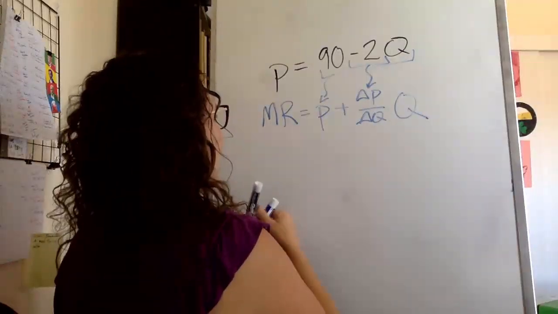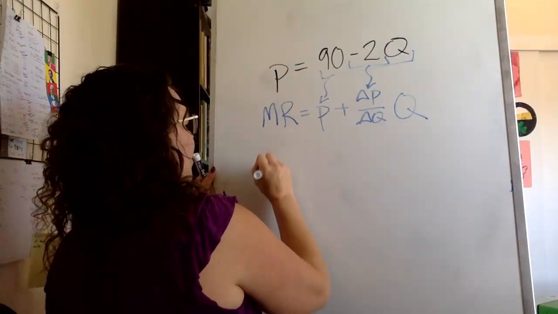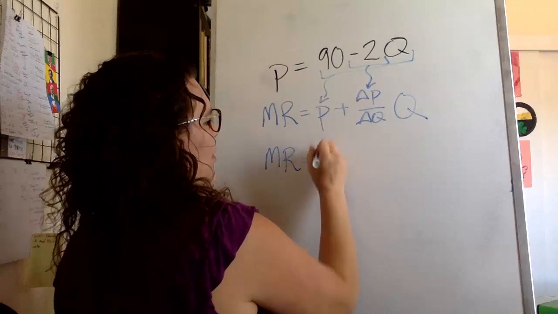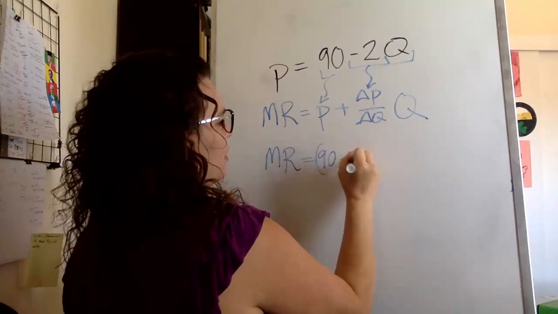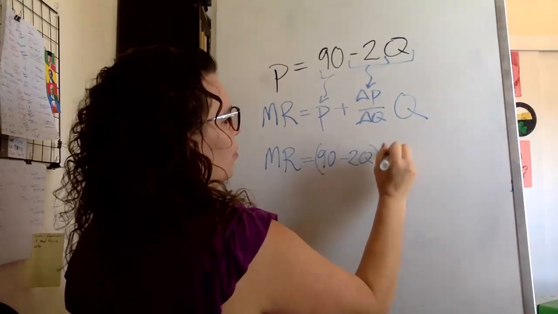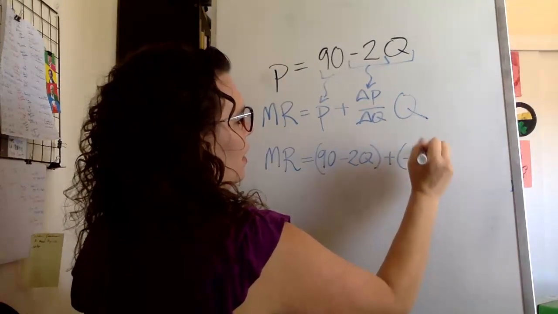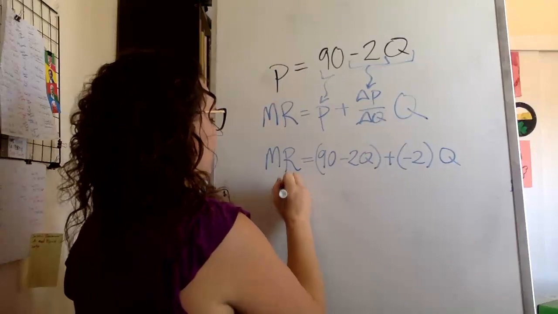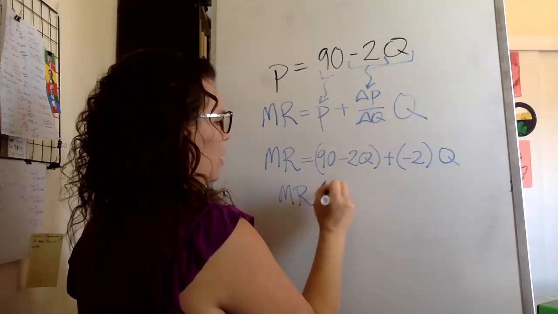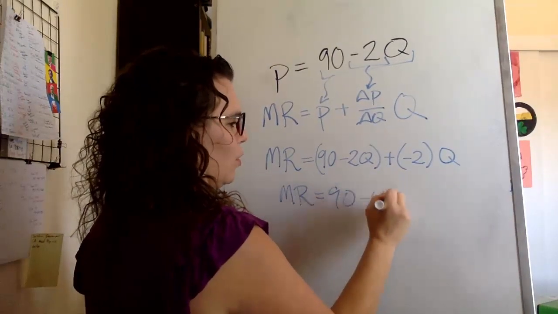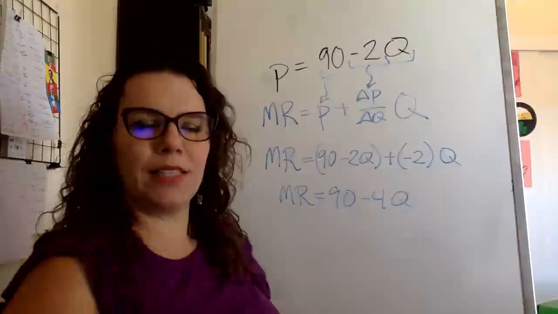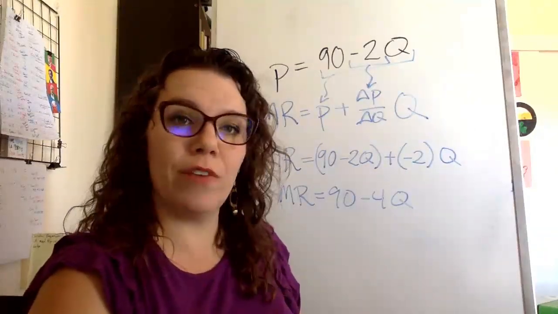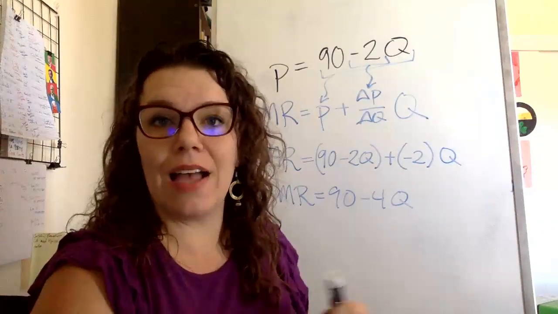And so we get a marginal revenue curve equal to 90 minus 2Q plus negative 2 times Q, which simplifies down to marginal revenue equals 90 minus 4Q. And that makes sense. That's what we expect. We expect the slope of the marginal revenue curve to be twice as steep as the slope of the demand curve.